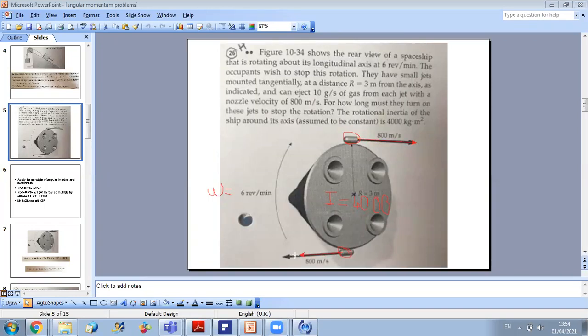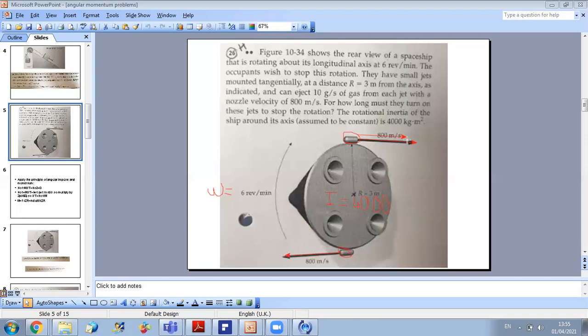Why will this stop the rotation? Because when you eject the jets, you put a force on the gas, a certain impulse, okay? The force of the ship on the gas is in the direction of rotation, so the gas will do an action in the opposite direction. This is the action: the jets create a reaction opposite to the rotation.